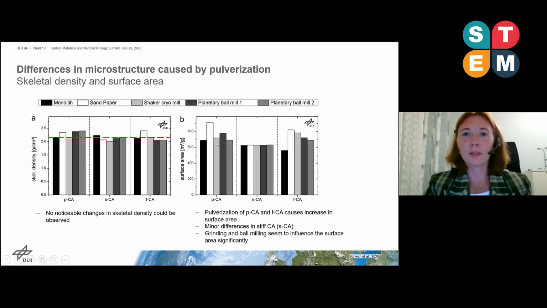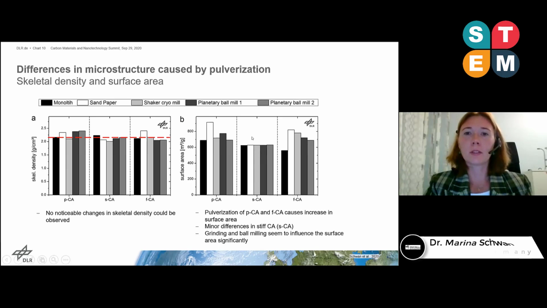The shaker cryomill is the gray one, and then dark gray and another gray color for the planetary ball mill and the repeated ball milling. And we see here very clearly that after grinding, we could somehow increase the surface area, which was not expected in our measurements. And at that stage, we couldn't explain why the surface area increased.